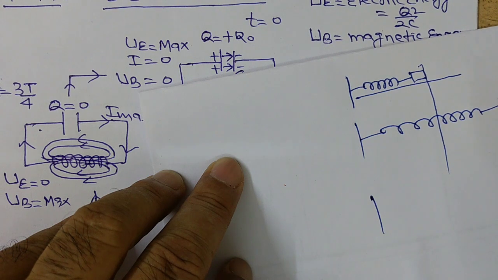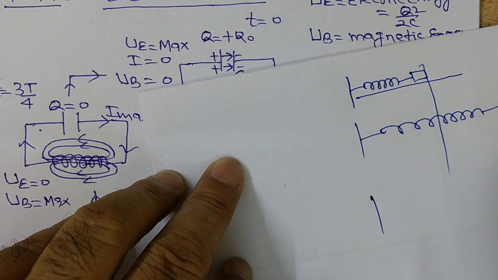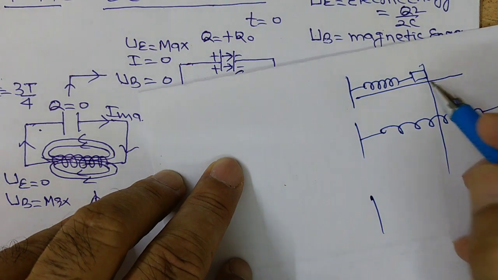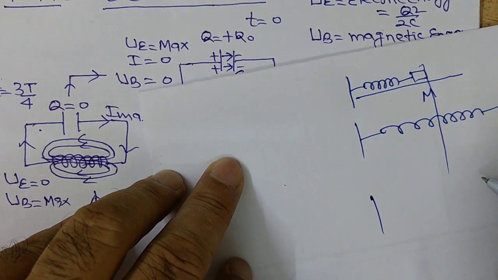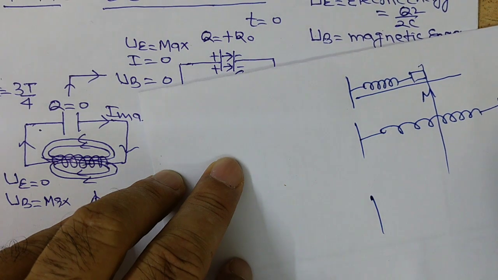Potential energy of the system is maximum because this is the extreme position and this is the mean position, right? Now here potential energy stored by the spring is maximum and the kinetic energy of this block is 0.